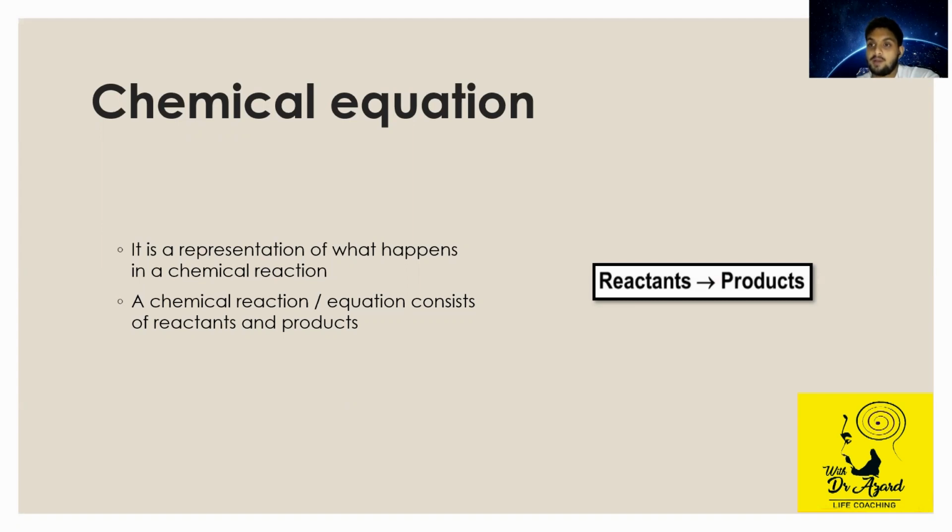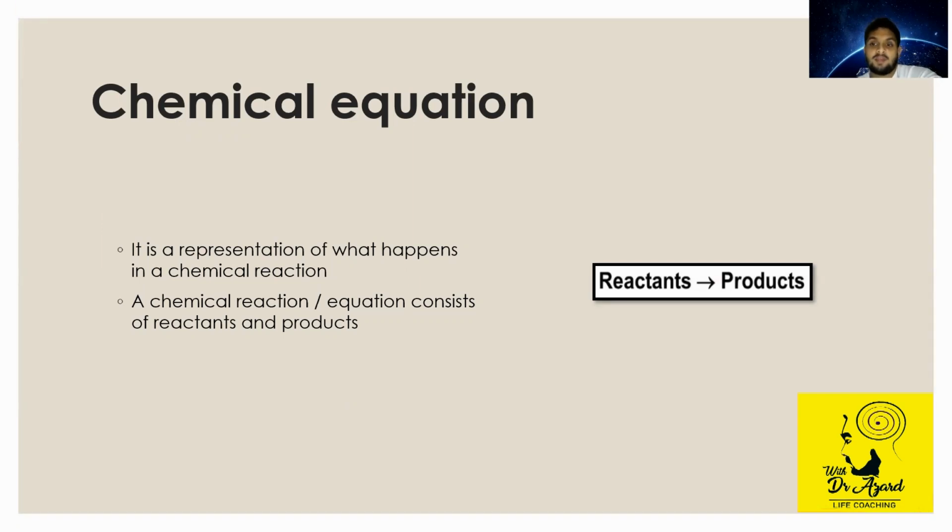You write one number, you write another number, you show the addition sign, and then you get an answer. Similarly, we have a way in which we represent these reactions. Okay, and there are certain terms that you need to know.